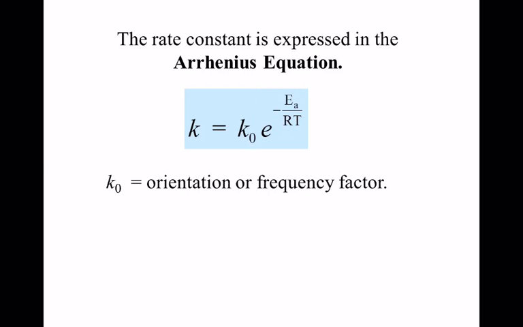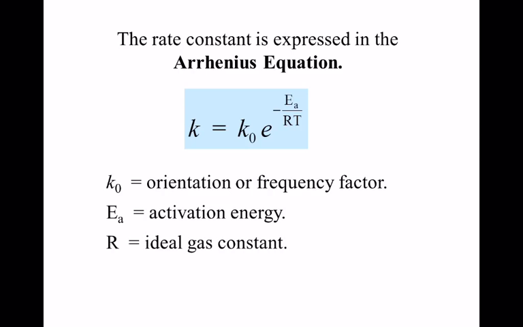So actually the first K is this K. That's your rate law constant. So your rate law constant can be broken down into your orientation factor, e raised to a power, and that power has an E sub A, capital E sub A, that's your activation energy. Of course, you guys know what R is, it's the ideal gas law constant, and T is the temperature in units of Kelvin, the absolute temperature.